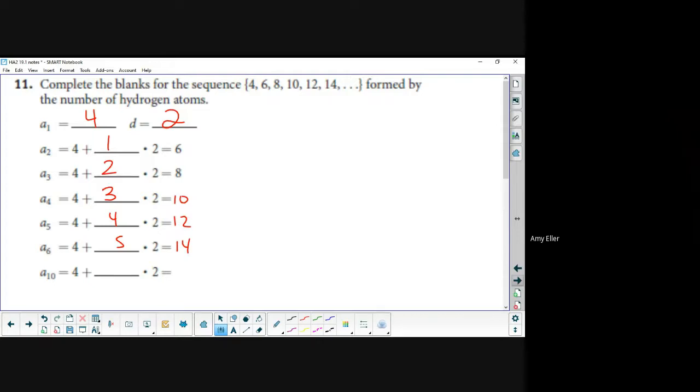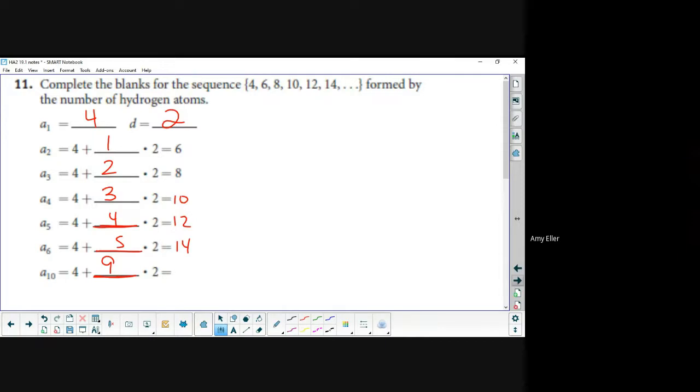James, what number goes in this blank here? Ooh, it jumped. We want the 10th term. If I want the 5th term, I add the difference 4 times. If I want the 6th term, I add the difference 5 times. So it'd have to be 1 less.